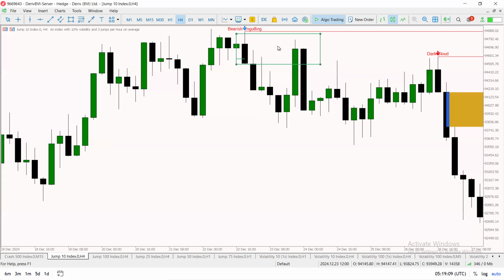Most of you already have this indicator. So we'll mark it as our POI. If you don't want to switch to a lower time frame, you can use the 50% of this for your entry. And what do we have here? This is 50%, all right?